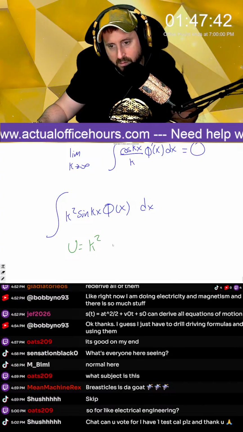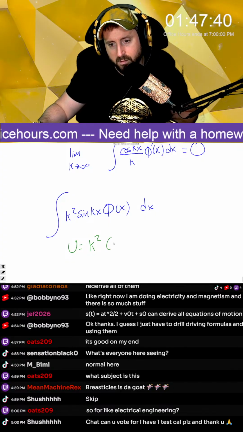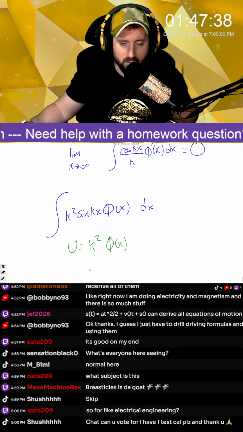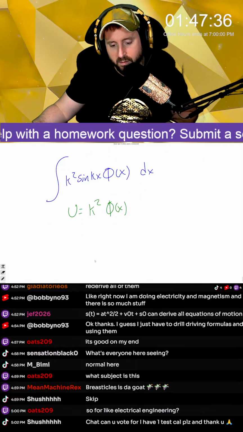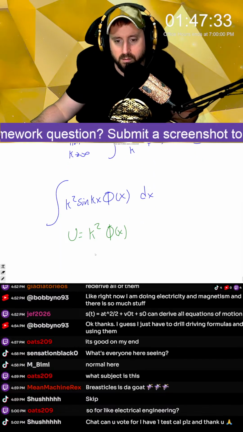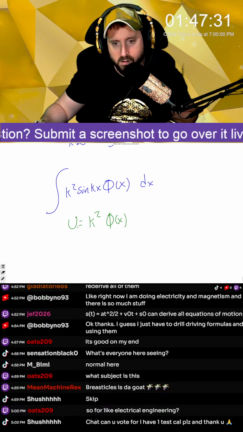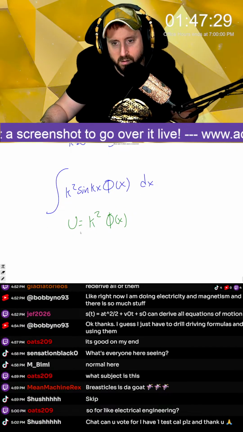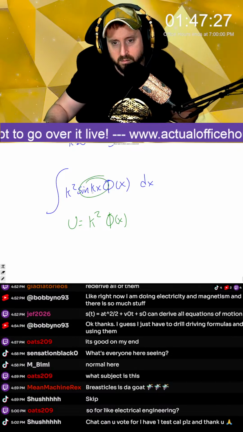So they did it by saying that sine of kx double prime is negative k squared sine of x. Yeah. And then from there you can just move that double prime over from the sine of kx to the test function.